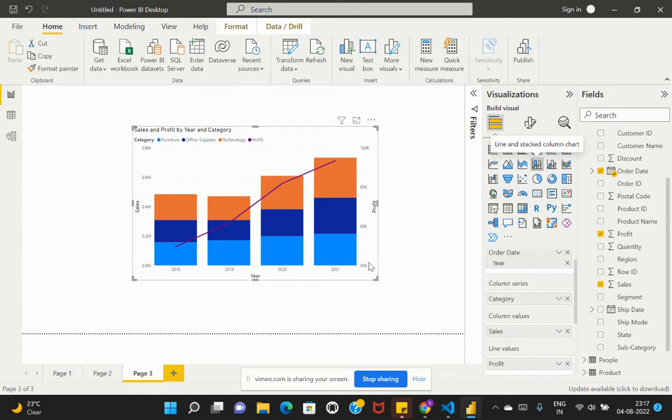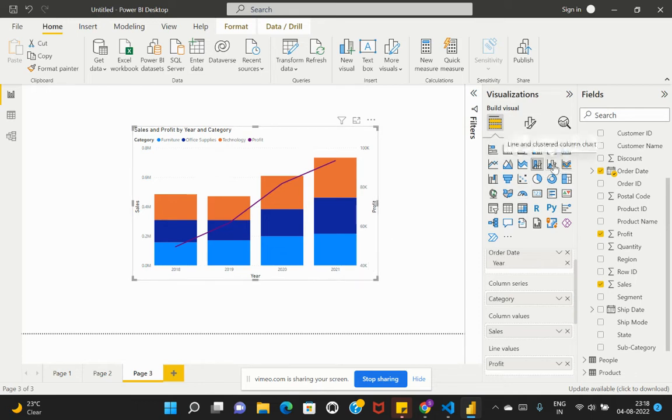In this way, you would also be able to illustrate the correlation between the two measures in one visual. Correlation is nothing but a comparison, like how these values are related to each other, and how they progress together during the same time interval. In this way, you are able to use the combo charts within Power BI.